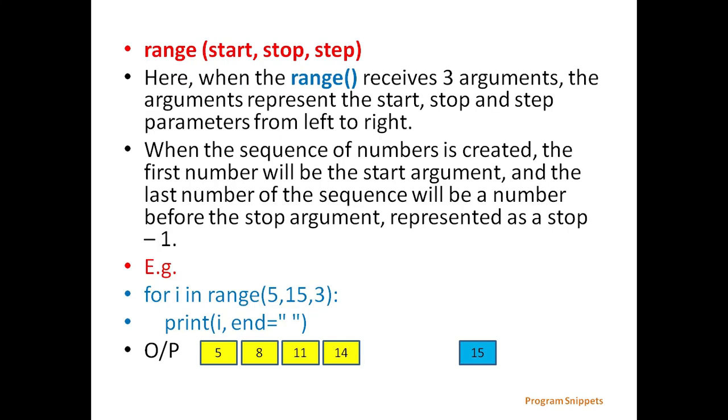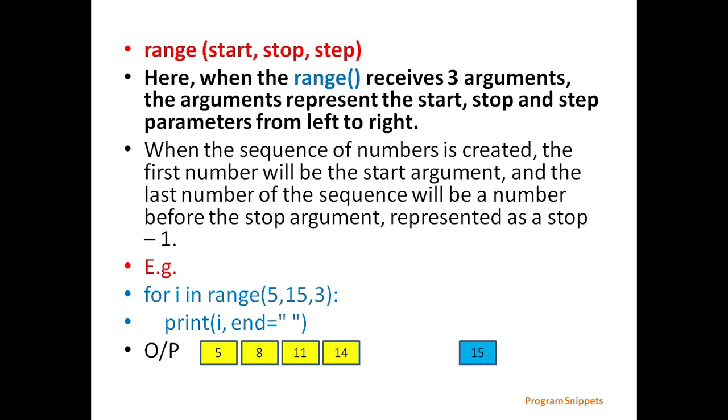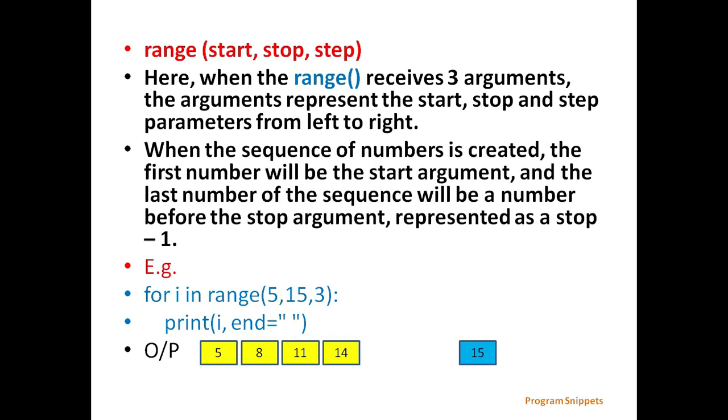Next we'll see the range function with start, stop and step. Here when the range function receives three arguments, the arguments represent start, stop and step parameters from left to right. When the sequence of numbers is created, the first number will be the start argument and the last number of the sequence will be the number before the stop argument, which is stop minus 1, and step provides the difference between the numbers.